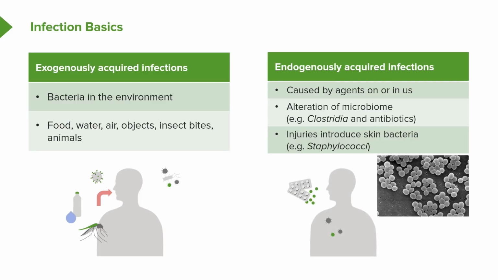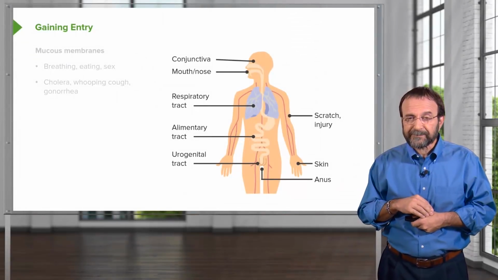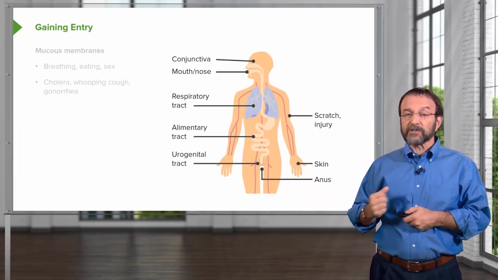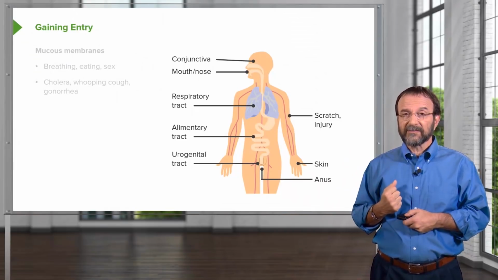When an injury introduces them below the skin, this can cause a problem. So we get bacteria that cause infections and illness from external sources and from within ourselves. Let's talk a bit about how bacteria gain entry to the host, the exogenous sources of infection.